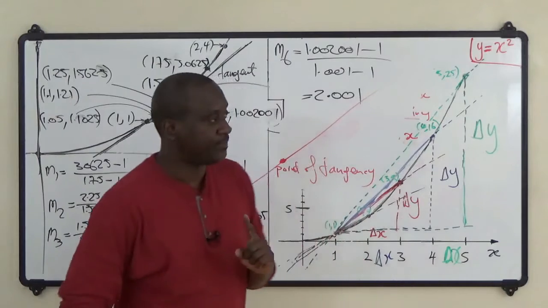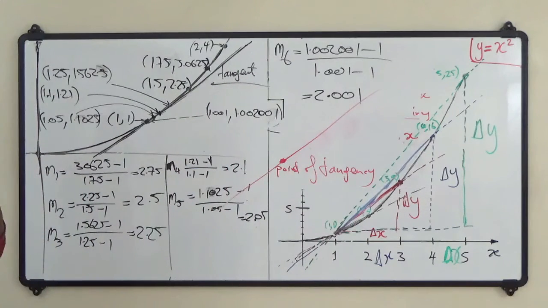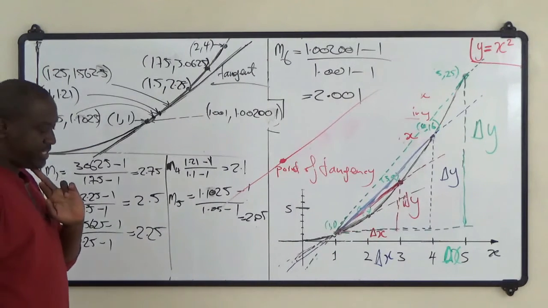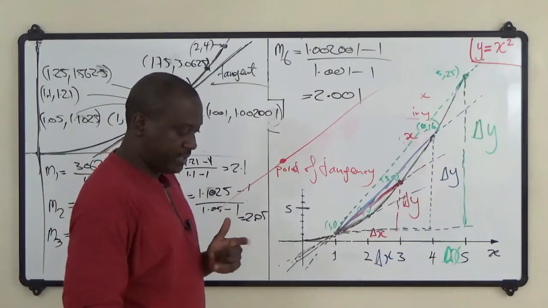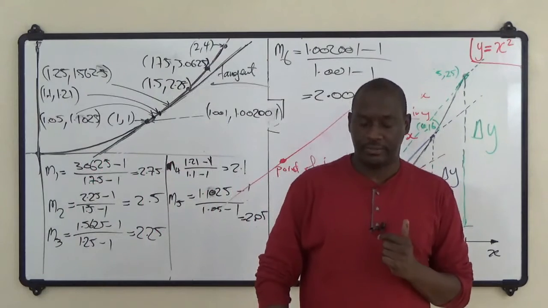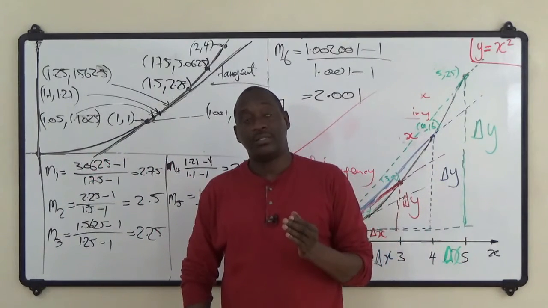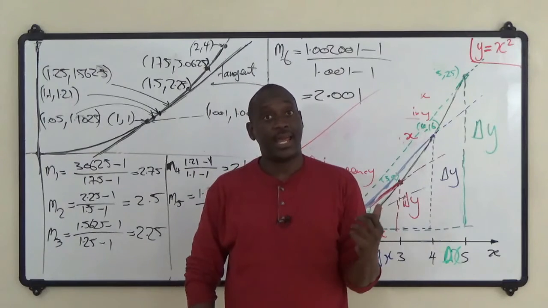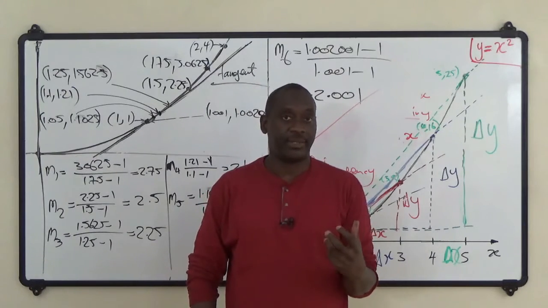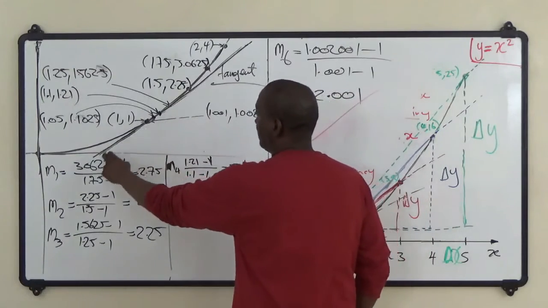So in other words, and before I go, one last thing I want to mention here is that just as we discussed the gradient at a point in the case of the straight line, and we agreed that the gradient at that point was equal to the gradient of the entire line, or the gradient of any line segment, we also have the concept of the gradient of a point here.